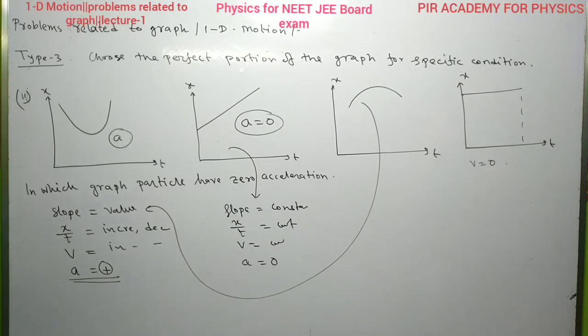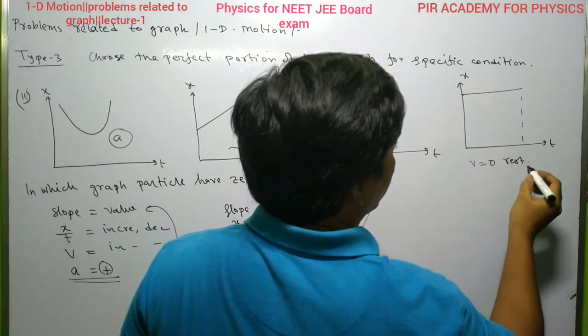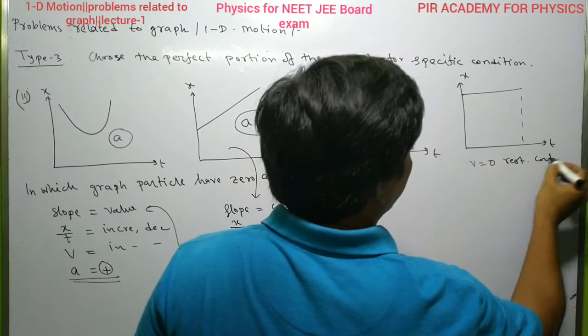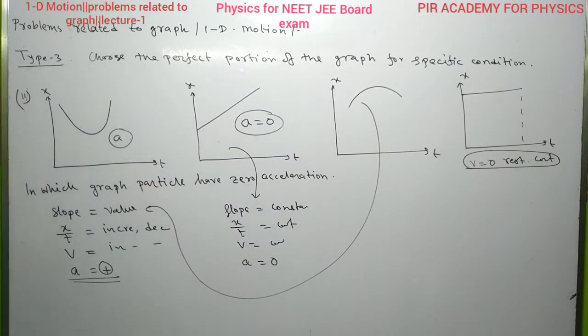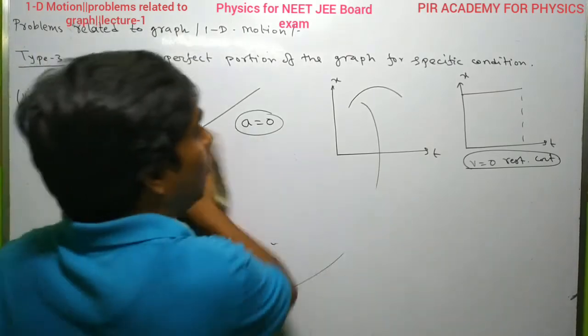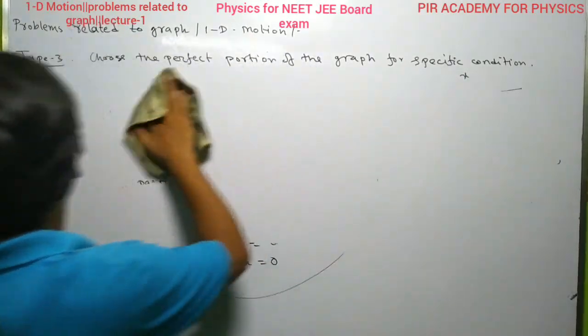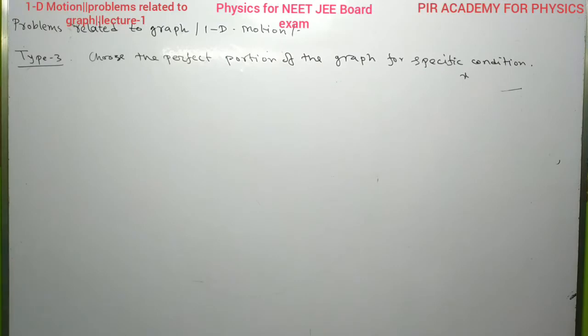That means it is a rest condition. This particle is at rest. This is the number 2 problem. These are types of problems. So if I discuss another problem, then what happens? Number 3.